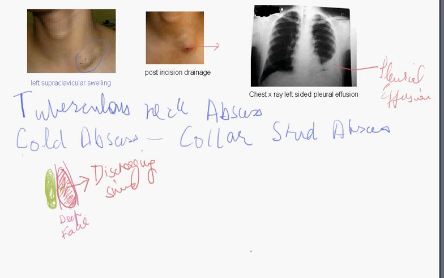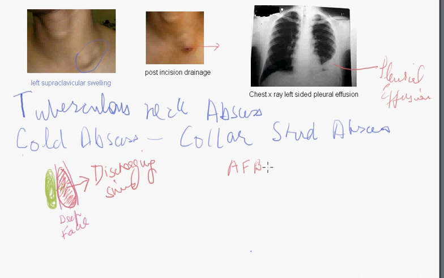The pus was sent for culture sensitivity and for microscopy. The very first specimen of the pus, when the pus smear was done, revealed AFB, acid-fast bacilli, and that confirmed that this patient had tuberculosis.